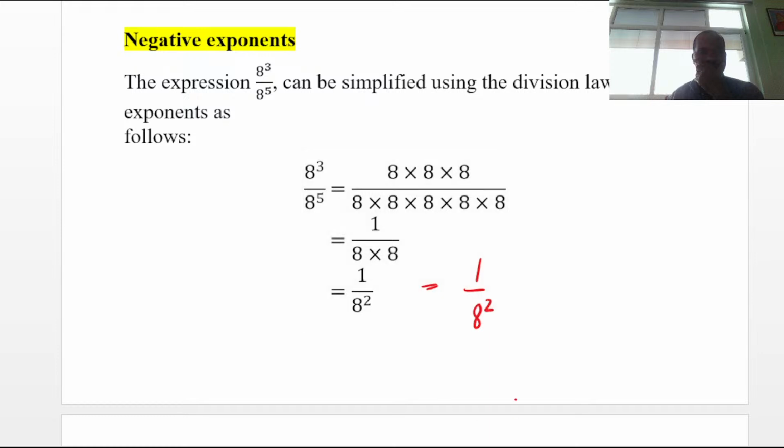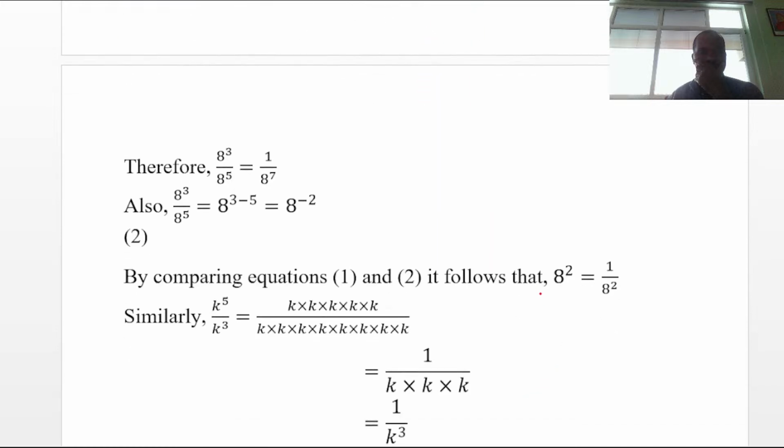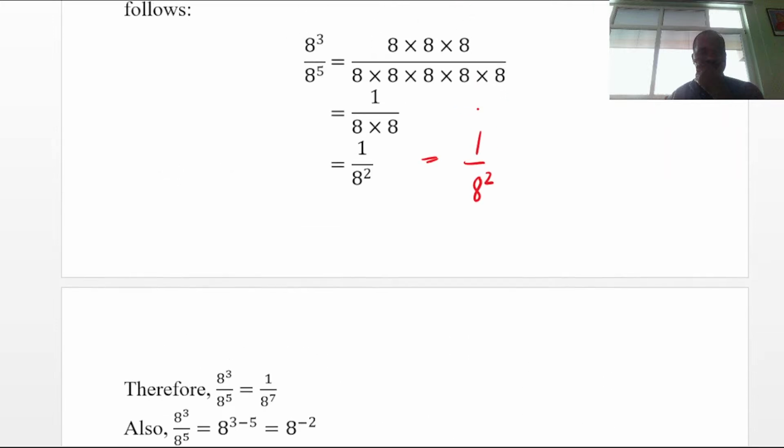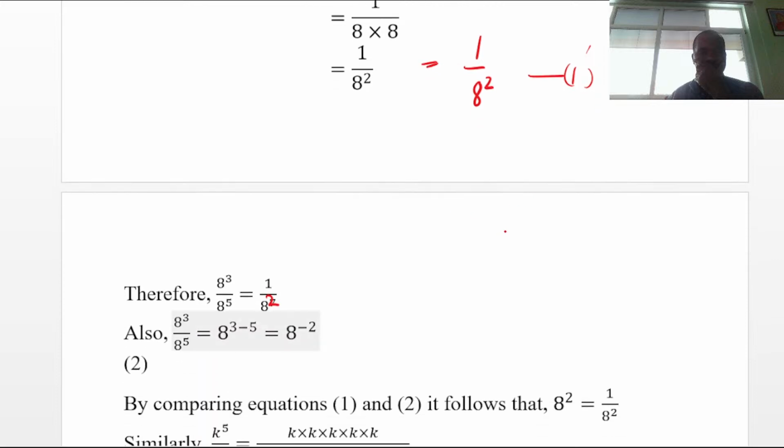Okay, but don't forget the exponents rule. If I consider this as case number 1, you remember the exponents rule, that 8 power 3 over 8 power 5 is 8 power 2. This is 2, of course, an apology. Also, we have 8 power 3 over 8 power 5. By using the exponents rule, this is going to be 8 power negative 2.